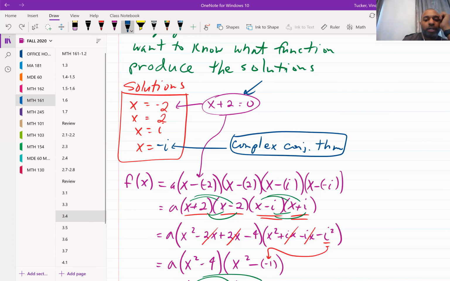So you distribute x into the next parentheses, distribute 2. That'll give you this, x squared minus 2x plus 2x minus 4. Then distribute x and distribute -i, doing your binomial distribution.